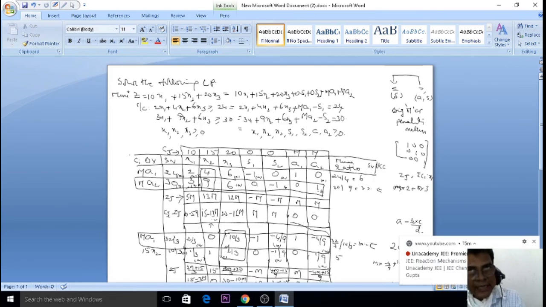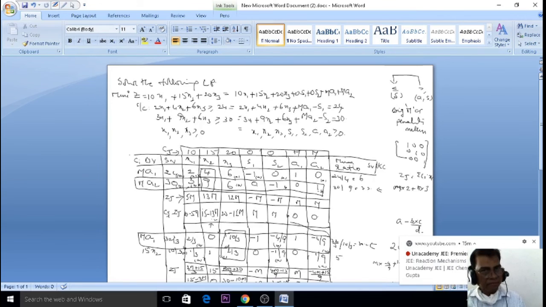In maximization cases, all constraints are less than or equal to; in minimization, greater than or equal to. For greater than or equal to inequality, artificial variables and slack variables come in. If you enter artificial variables in the tabular form, the Cj row value is M, that is called the big M method or penalty method.